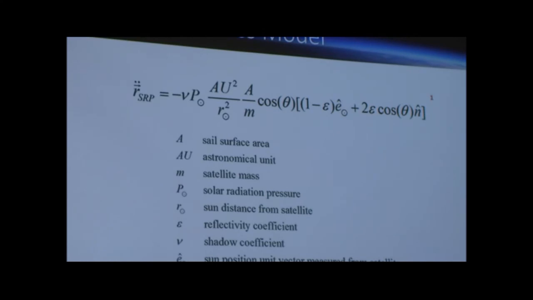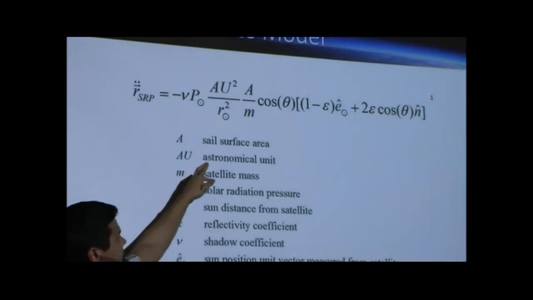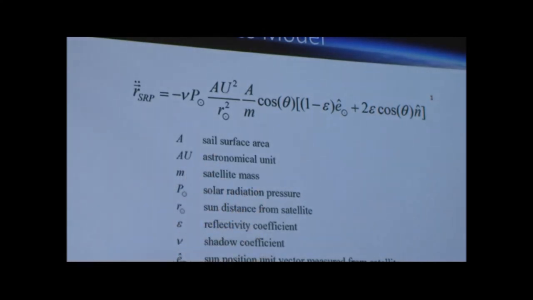And on top of that, it'll be 1/2 the magnitude of its maximum possible perturbation strength. So you see this 2 epsilon cosine theta term here on the right. That captures, I guess we're talking about momentum, the elastic collision from the sunlight and the surface.